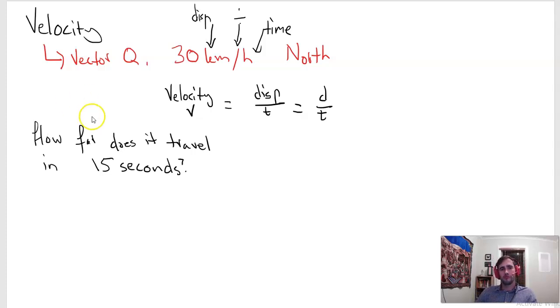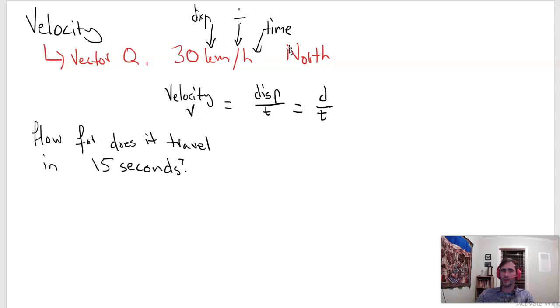So what would move 30 kilometers an hour? A really slow car, okay? It's just driving in the suburbs or something like that, maybe coming towards your house, it's going to sort of park. It's traveling slow. How far does it travel in those 15 seconds?